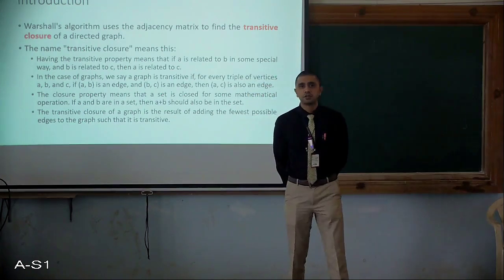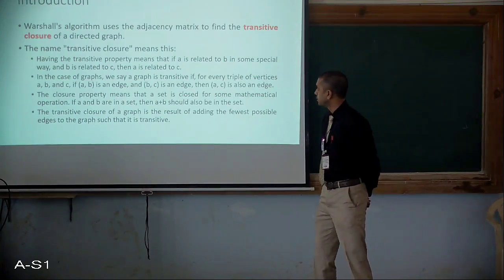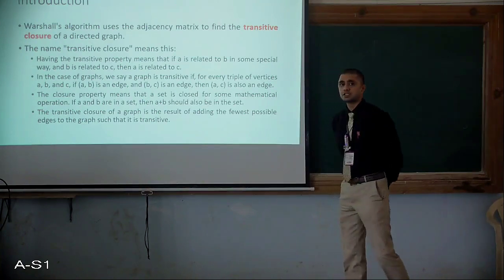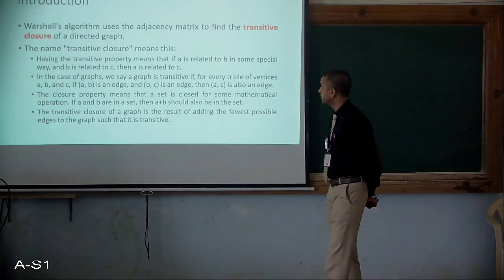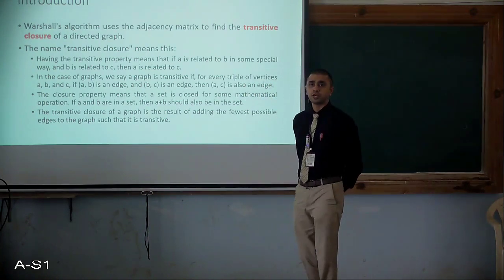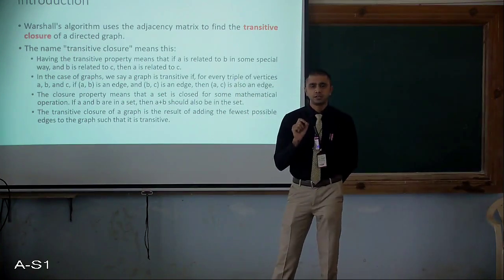We have a directed graph with vertices and edges. Using that directed graph, we are going to find its transitive closure property. In order to find the transitive closure property of a given graph, we need to use the adjacency matrix of that given graph.